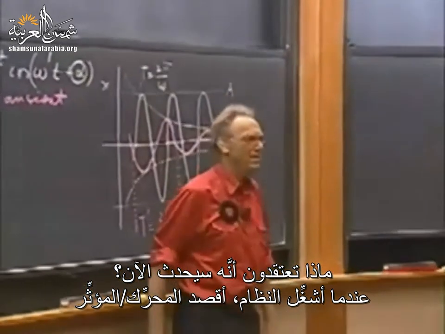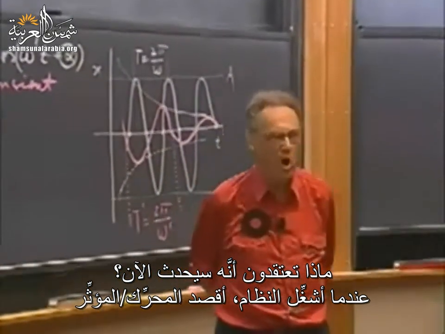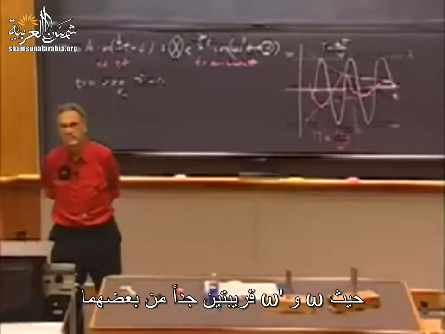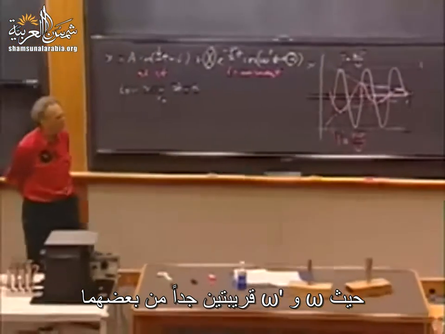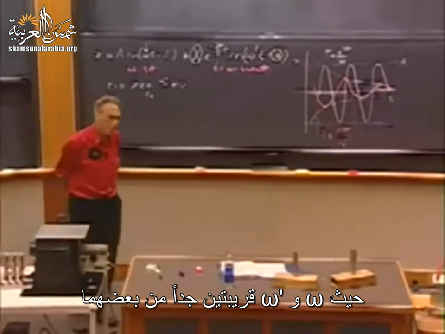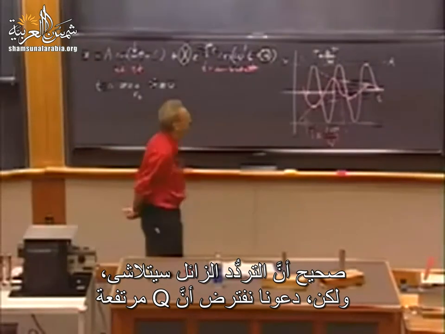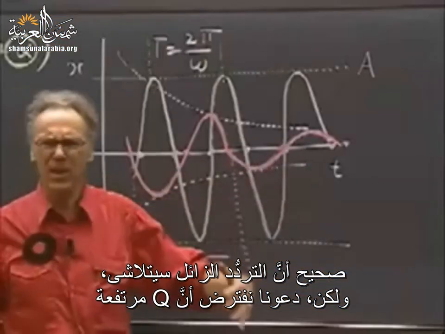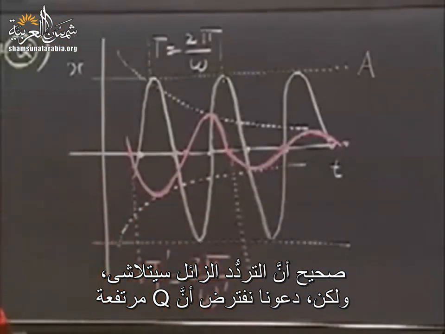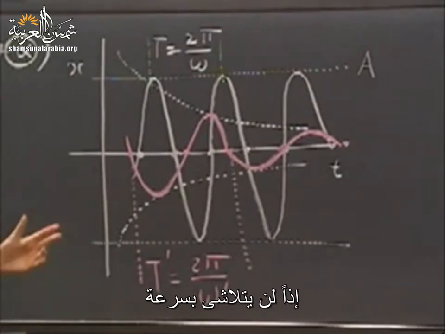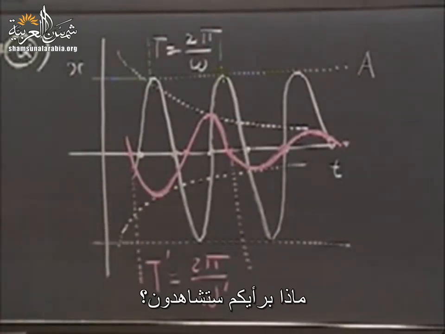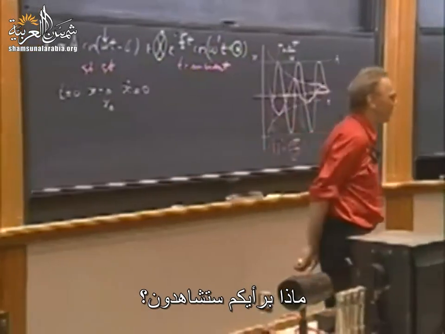What do you think is going to happen now? When I turn this system on, all of a sudden, the driver, and my omega is very close to that omega prime. It's true that the transient will die out, but let's say we take a system with a pretty high Q. So it doesn't die out so fast. What do you expect you're going to see? Excellent.